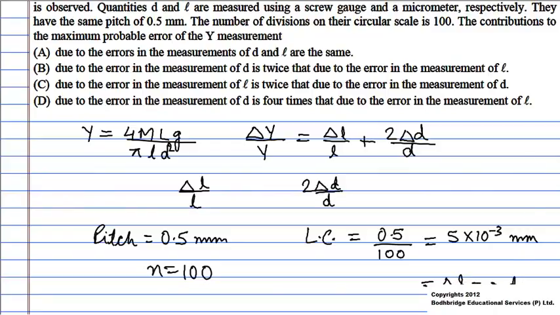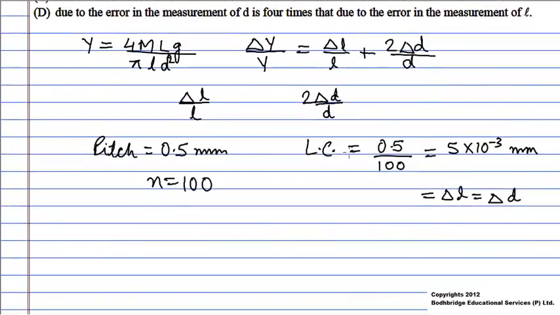Now, substituting the value of delta l and delta d in the above equation, we get delta l upon l is equal to 5 into 10 to the power minus 3 upon 0.25, where 0.25 is the extension as given in the question. Solving this, we get delta l upon l is equal to 2 into 10 to the power minus 2.